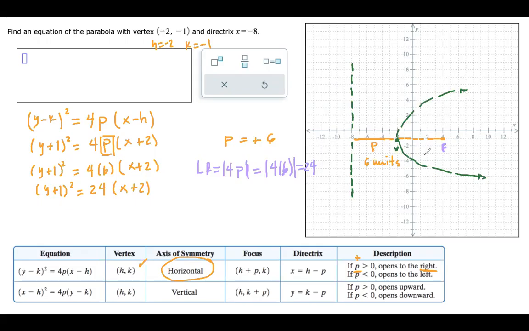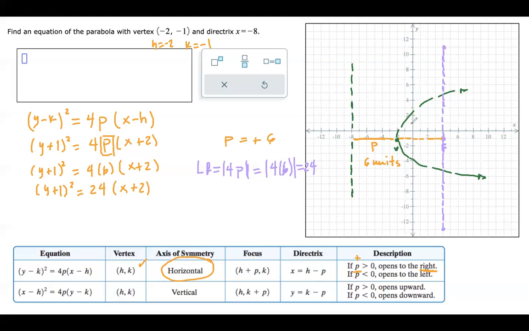But that is an opening of 24 at the focus. So that means that we're going to do 12 units each way. So that's 1, 2, 3, 4, 5, 6, 7, 8, 9, 10, 11, 12, and 1, 2, 3, 4, 5, 6, 7, 8, 9, 10, 11, 12.